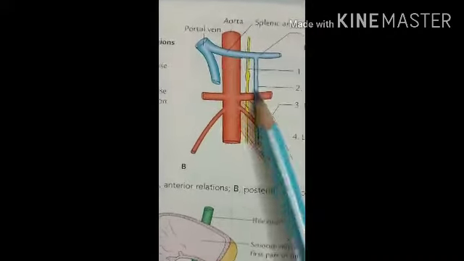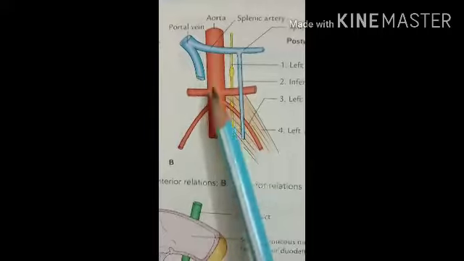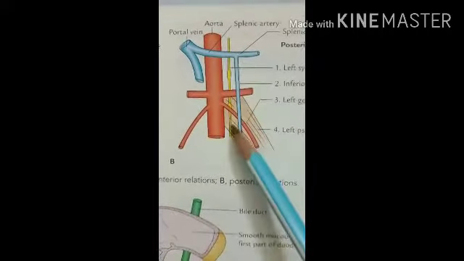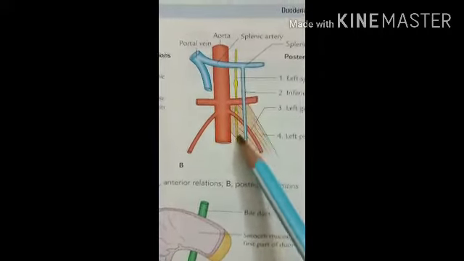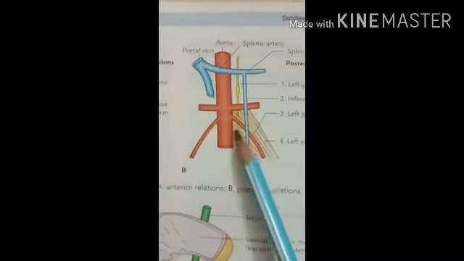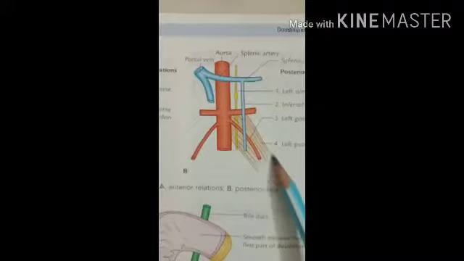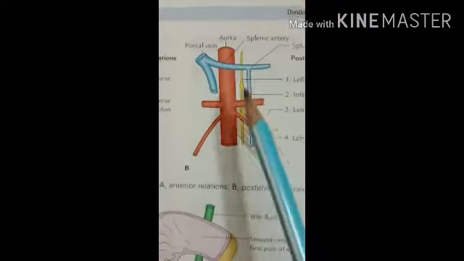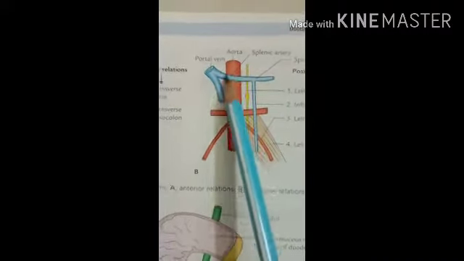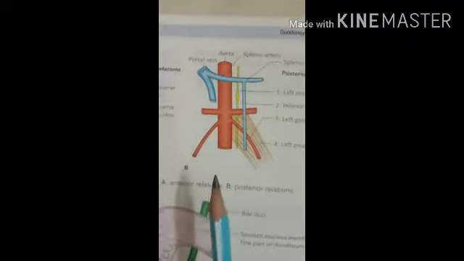Then the posterior relations. Posteriorly the left sympathetic chain, here in yellow color you can see. Then the left psoas major muscle, this one. Then the left renal vein, you can see here.